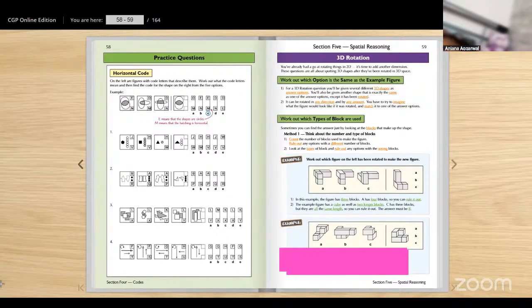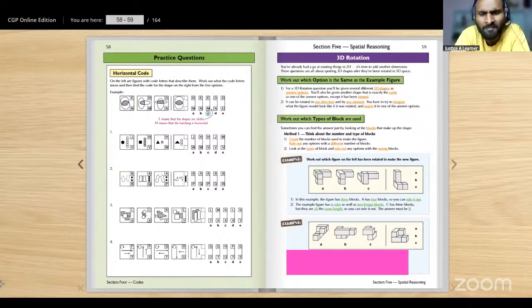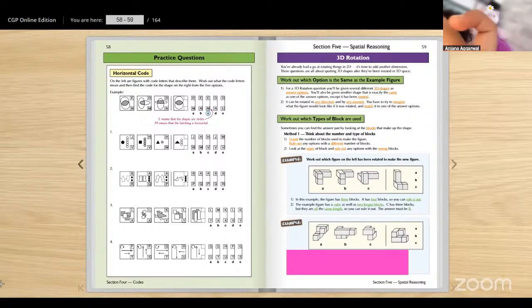Next. Question type is same. You need to observe. One, two, three, four, four blocks. One, two, three, three blocks. One, two, three, four. One, two, three, four, five. One, two, three, four. A. Done.